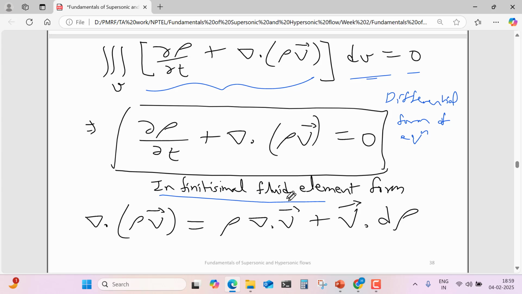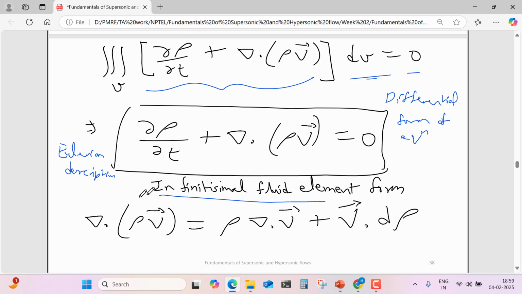Okay, then now, this currently is the Eulerian framework. This is using the Eulerian description. Now we will change this to the Lagrangian form.